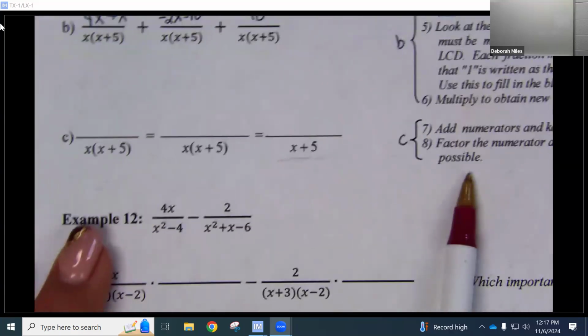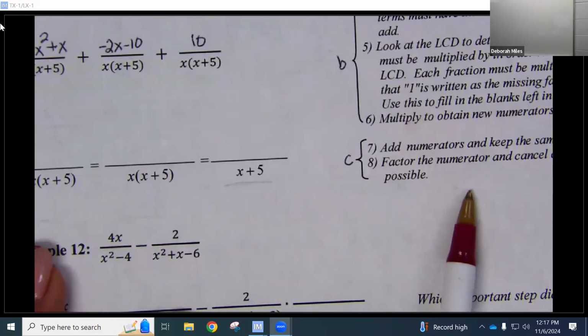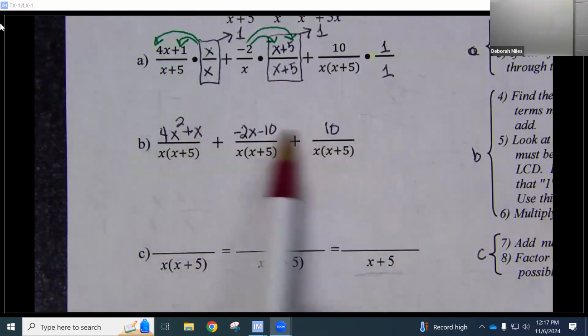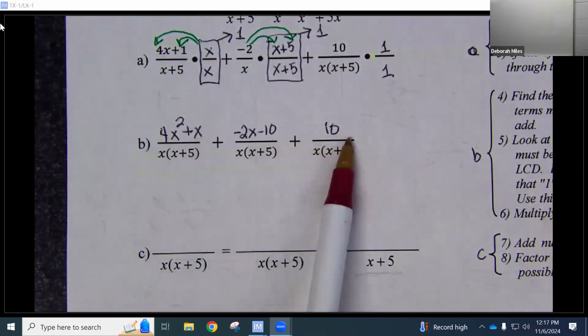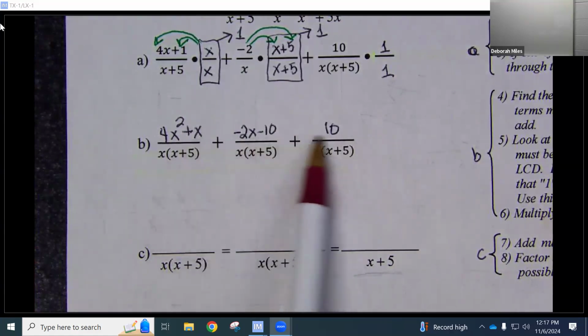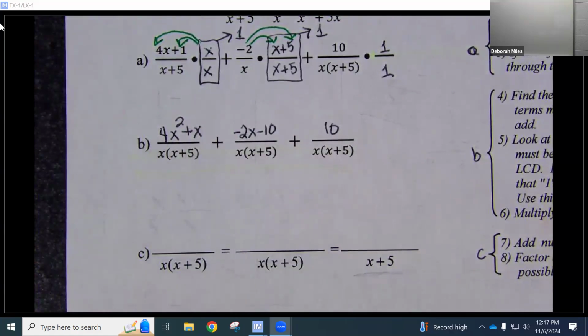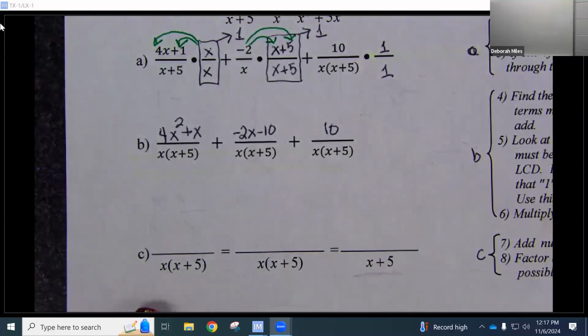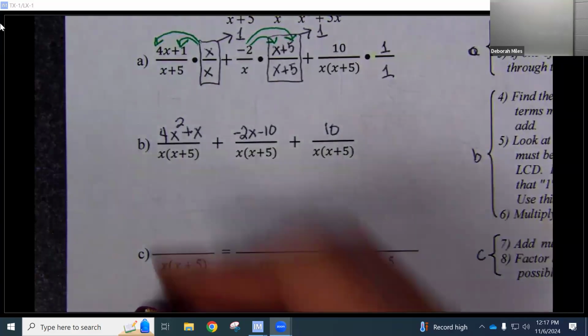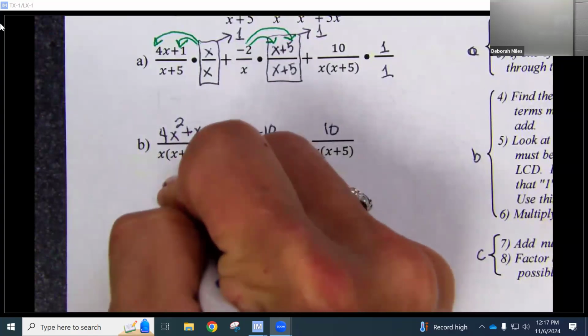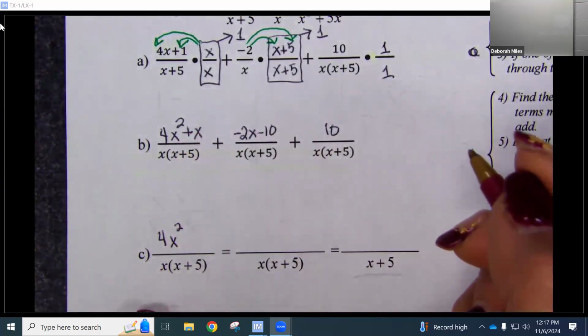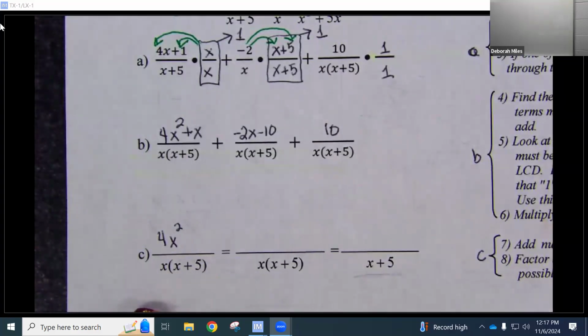Step C, add the numerators, keep the same denominator. Well, adding these numerators, I'm just combining like terms. What would I have if I combined all possible like terms in the B part? 4x² plus, no, minus 2x squared. Wait, it's 4x² minus 6.